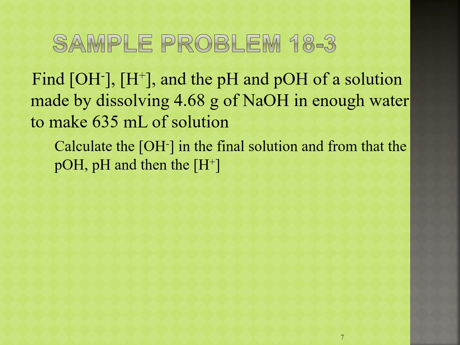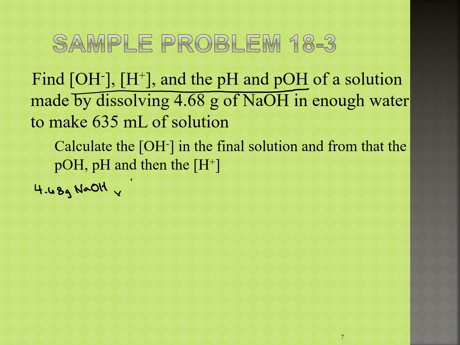Here we're going to find all 4. And again, once we know one of them, we can find the other 3. Now we have 4.68 grams of sodium hydroxide. I'm going to start with that, and I need to find the moles of sodium hydroxide so that I can find the molarity of our solution.